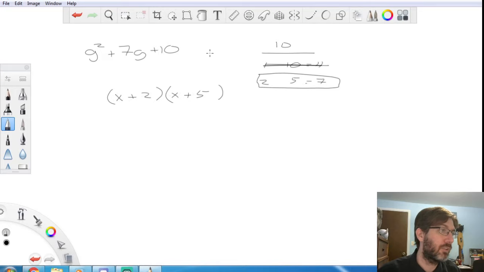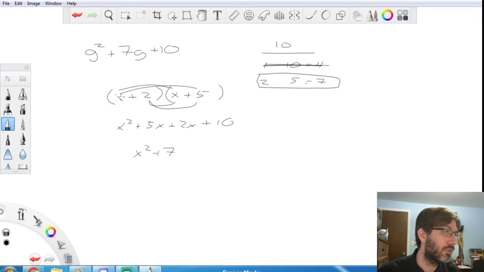And again, if you want to check your work, you can FOIL this. X times x is going to give you x squared. X times 5 is going to give you 5x. 2 times x is going to give you 2x. 2 times 5 is going to give you 10. Combine your like terms. Oh, I'm sorry, these are g's.